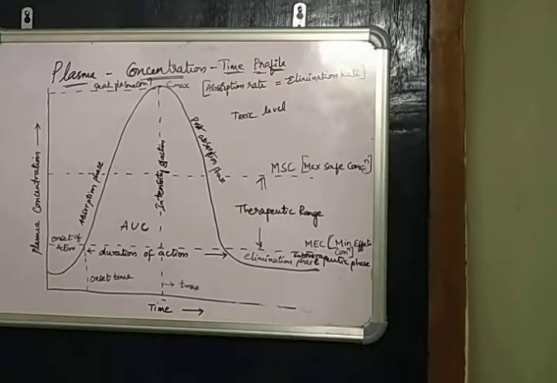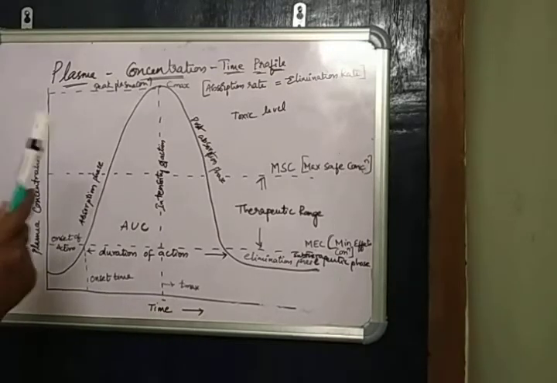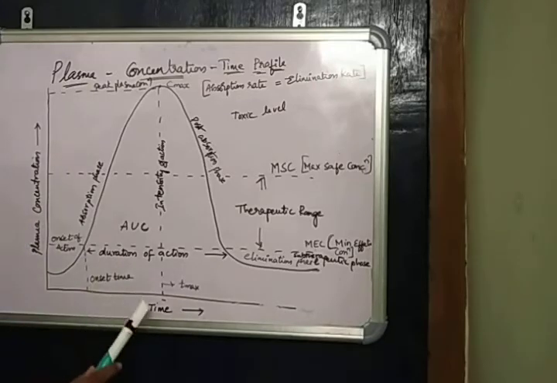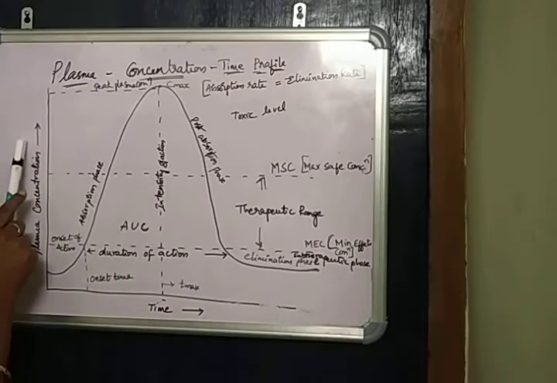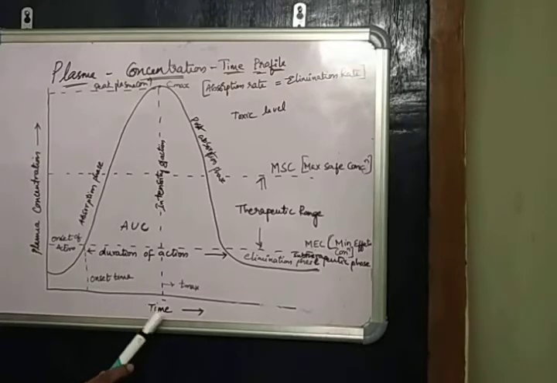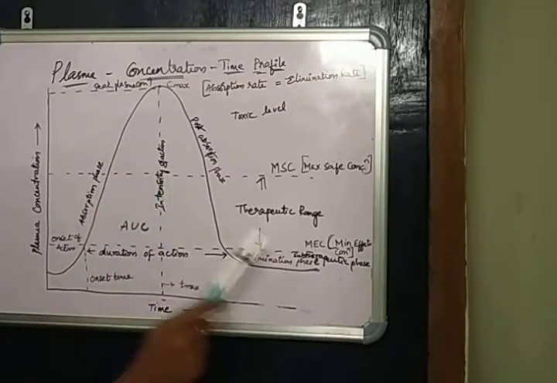Okay, this is the plasma concentration time profile. We have plasma concentration on the y-axis and the time taken on the x-axis. We observe a curve obtained like this.